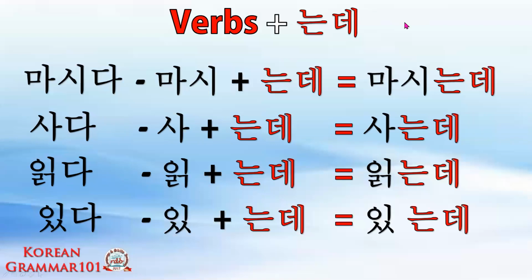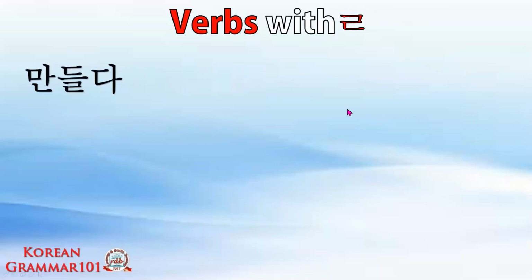If you have studied verbs before, you know that there are verbs that end with riul, or the batchim letter is riul. So we need to take this one because it has a special case. Verbs with batchim riul. So for example, the verb mandulda. From the word mandulda, if we drop this da or the verb stem, it ends with mandul.